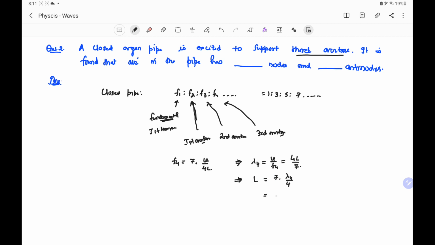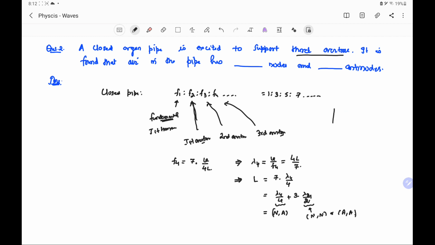And we can further write it as lambda 4 by 4 plus 3 into lambda 4 by 2. This lambda 4 by 4 shows the distance between two successive nodes and antinodes, while the lambda 4 by 2 is the distance between two successive nodes or between two successive antinodes.